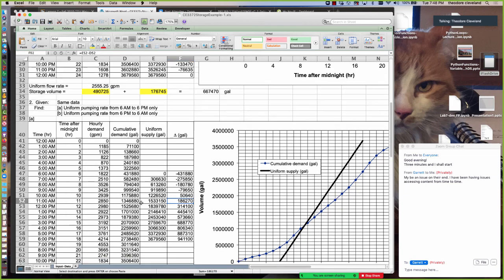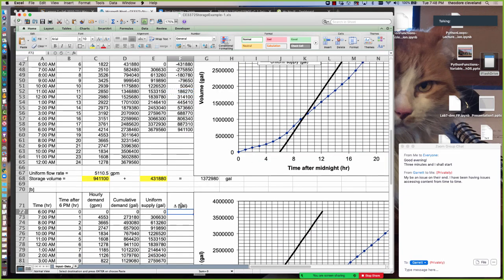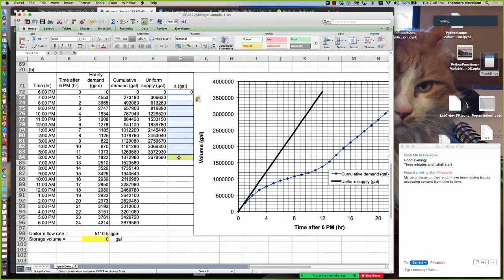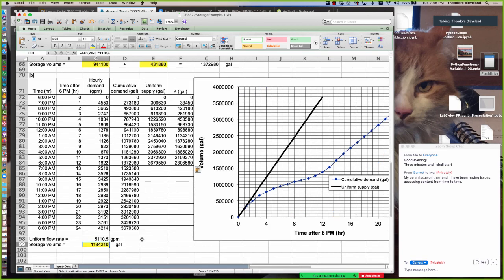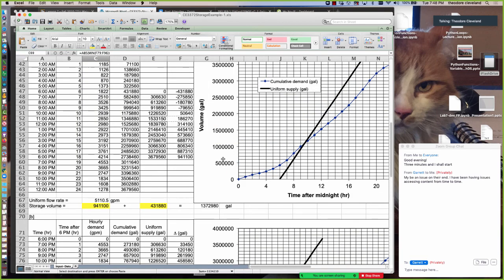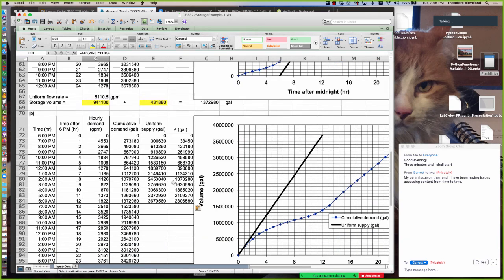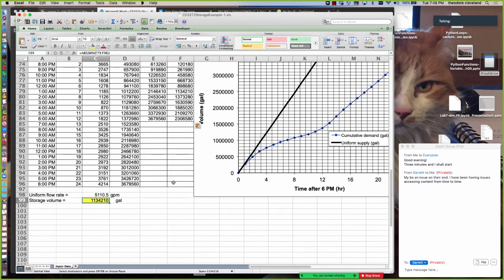We will copy the same logic. And this place, it computes the storage volume as 1.13 million. Actually, a little bit less than the 6 a.m. to 6 p.m. value. That's kind of interesting.